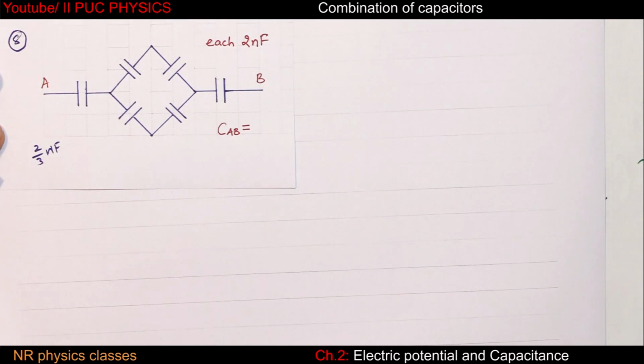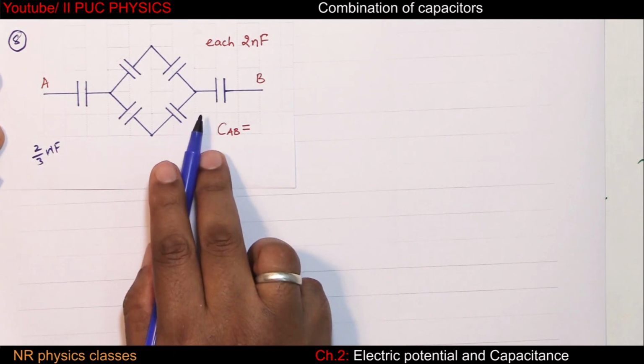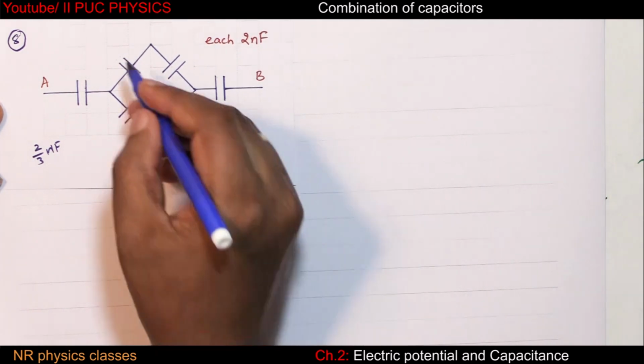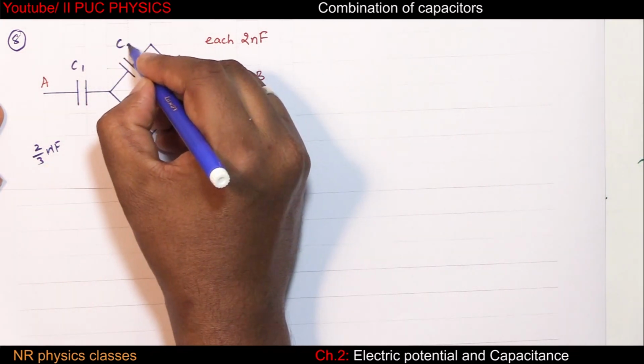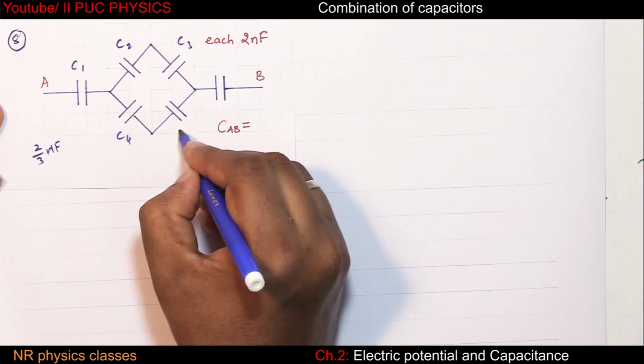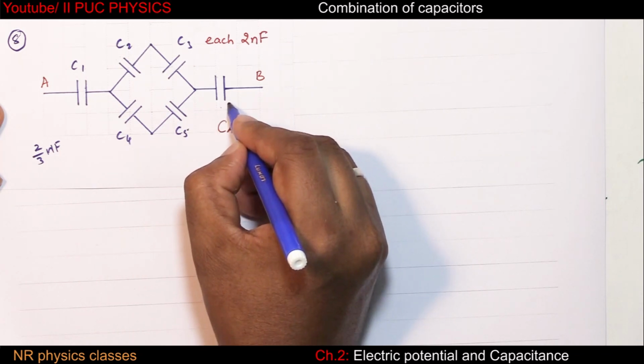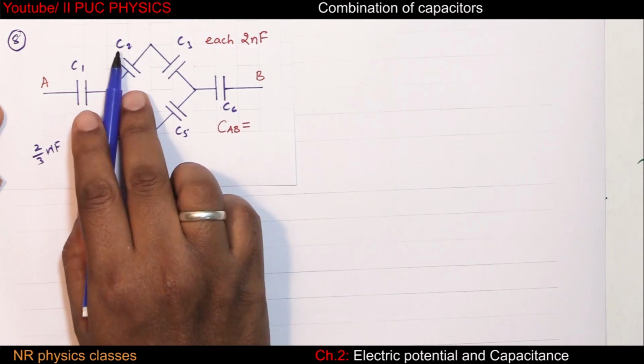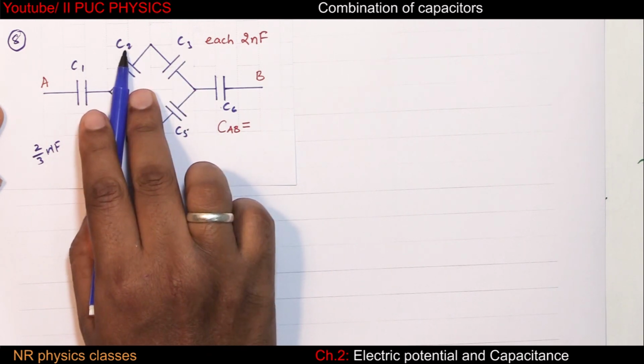Okay. Since it was asked for 5 marks, we have to write neatly. C1, C2, C3, C4, C5, C6. First C2, C3 are in series.